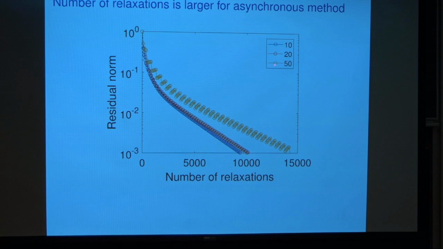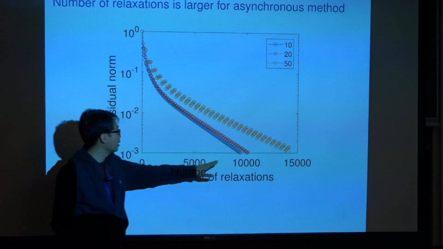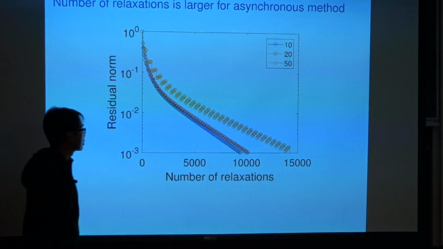Okay? And then the red curve is the curve where one processor takes 20 units of time to update one of its equations. And you can see that to get the same residual norm, it's actually slower, meaning you require more relaxations.